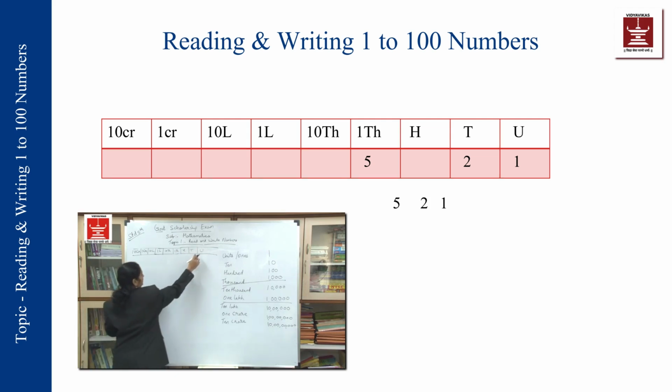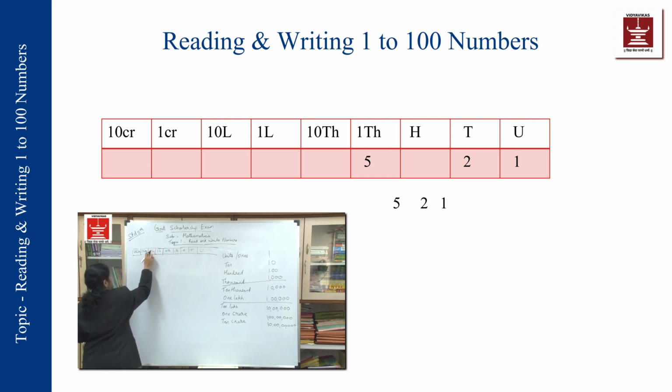Okay, see how many digits there are. 1, 2, 3, 4, 5, 6, 7, 8 and 9.